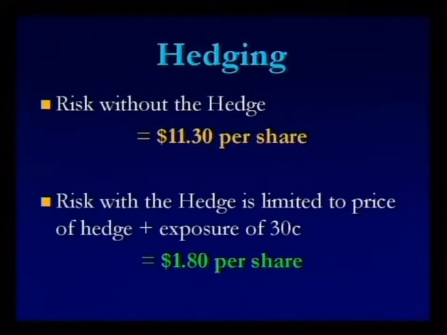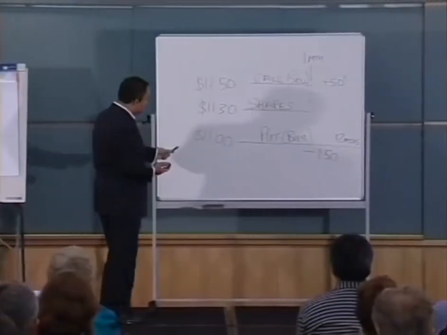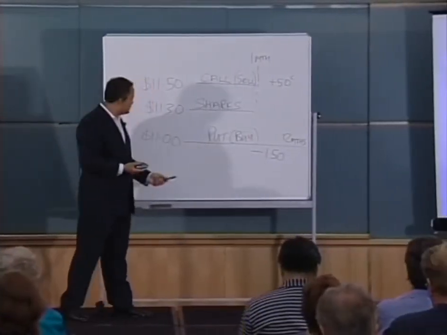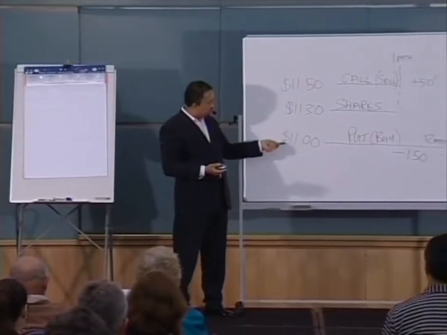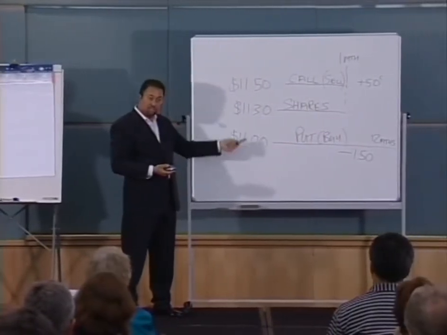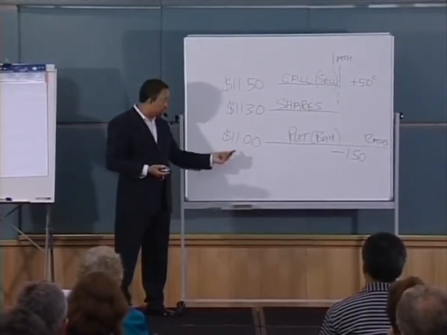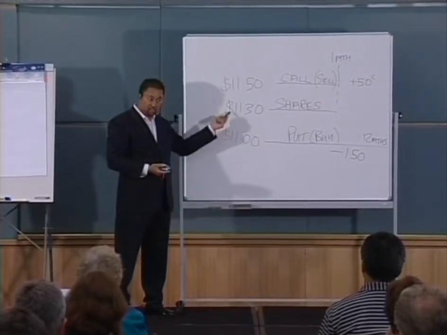Now, let me ask you, if we didn't have this put option here, what is our maximum risk on these shares? $11.30, because they could go from $11.30 down to zero. However, in having the put option, our risk is minimised to only the difference between these two prices, because remember, if the share price goes down, you can still sell it for $11.